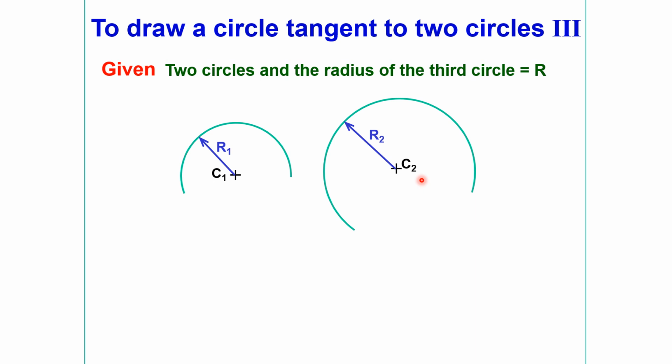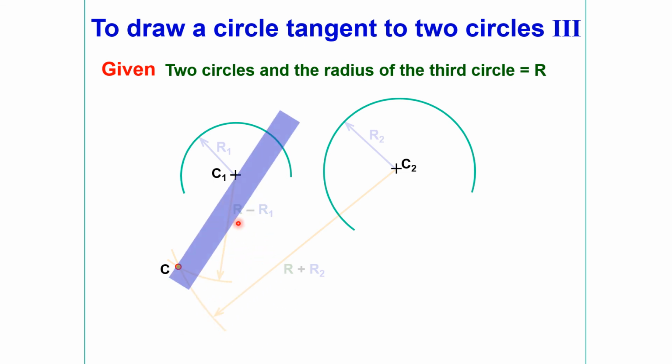Now to draw a circle tangent to two circles, here we want a smooth transition from this circle to this one. We did the bigger radius R minus R1 and to this radius plus R, so that we got this point. Let's see this example, you will get the idea.